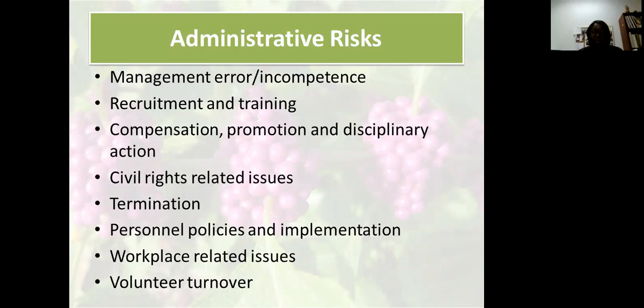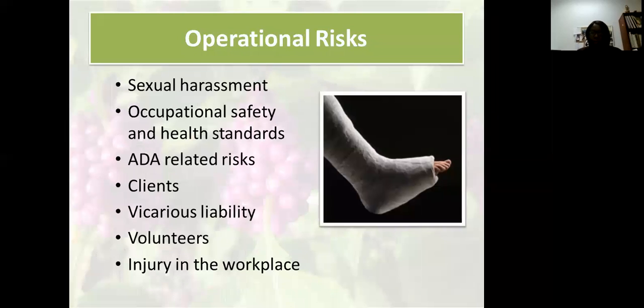Civil rights related issues, termination. And a lot of people think you can't terminate volunteers, but hopefully that's something that you all utilize in your program, and the risk associated with that. Personnel policies and implementation, workplace related issues, and volunteer turnover. So all those are administrative risk.